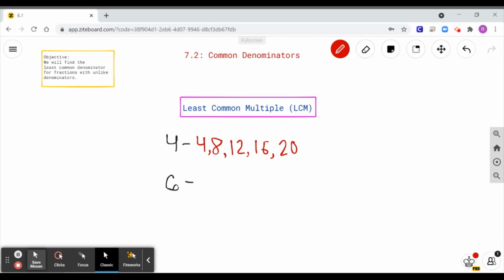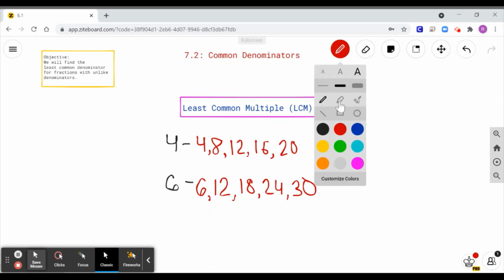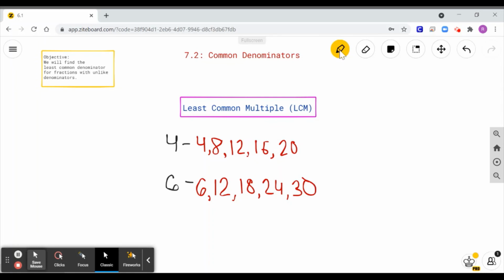All right, so I did my first 5. Let's do my first 5 for 6. 6 times 2 is 12. 6 times 3 is 18. 6 times 4 is 24. 6 times 5 is 30. So now let's go and see if I have any multiples that they have in common, and we will highlight them.